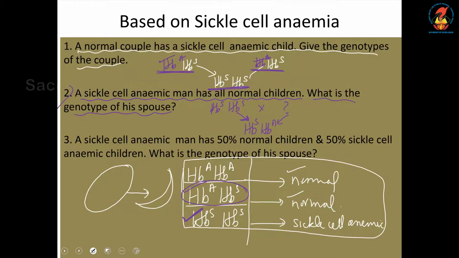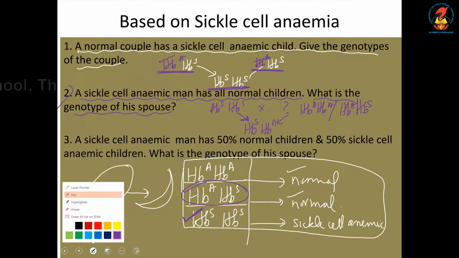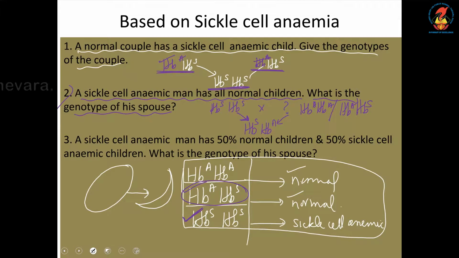So this mother should be either HbA HbA or HbA HbS. But I am ruling out the option HbA HbS. Why? Because there is chance for HbS also to come to this child.